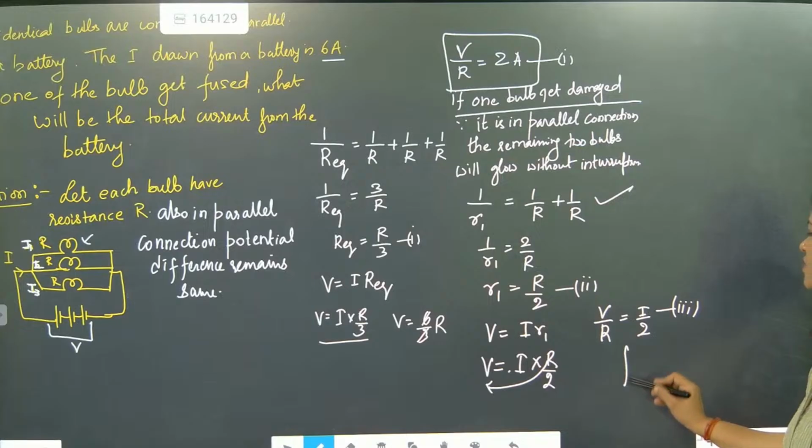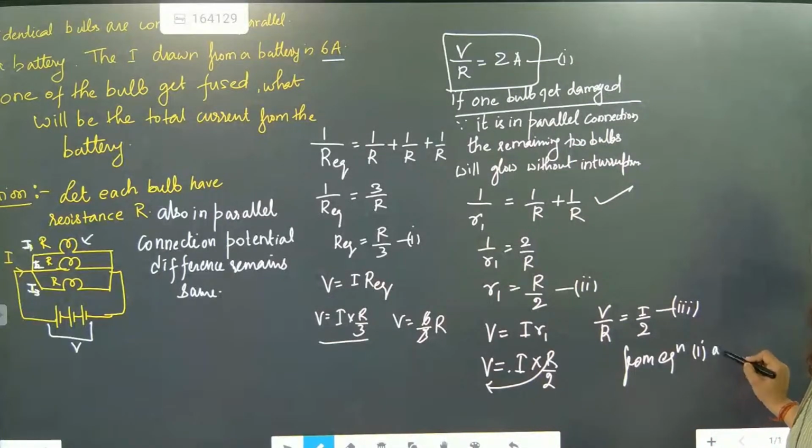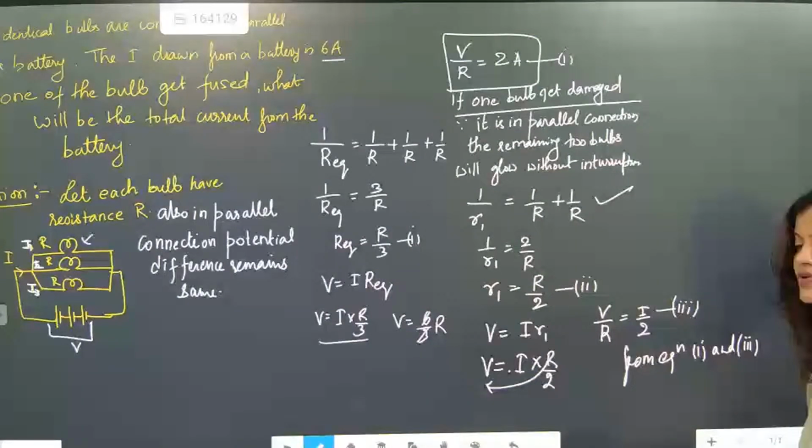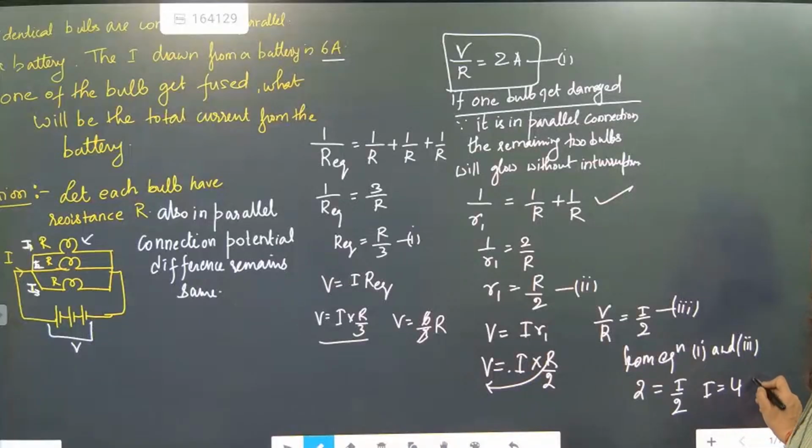So from equations 1 and 3, what is coming beta? Here V by R is common, so it will become 2 is equal to I by 2. So I is equal to 4 ampere.